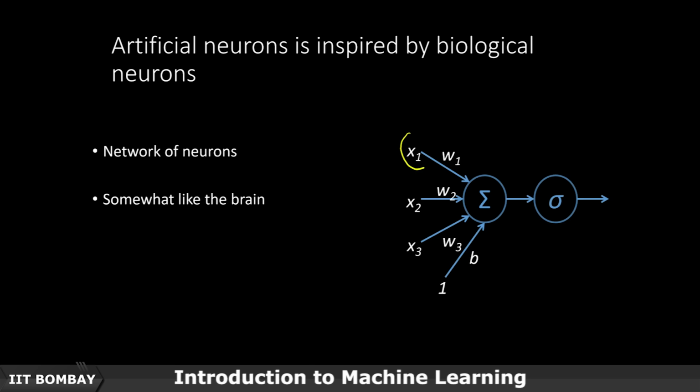Let's say you have a particular input dimension x1, and another input dimension x2 and x3. We multiply them with their individual weights w1, w2 and w3. Whenever you see an arrow with something on top of it, it means the input is being multiplied, and the output is basically k times x. That's the convention when you show these signal diagrams.